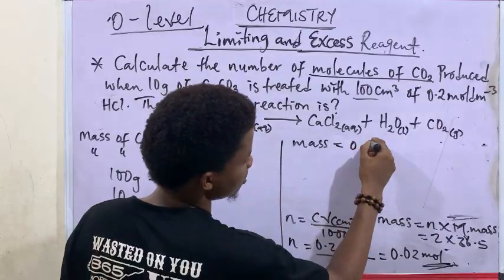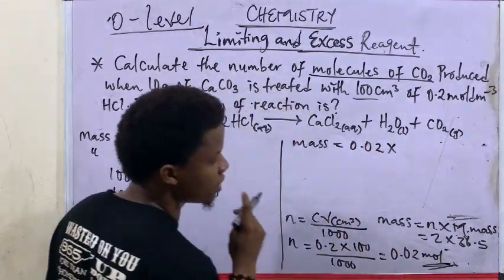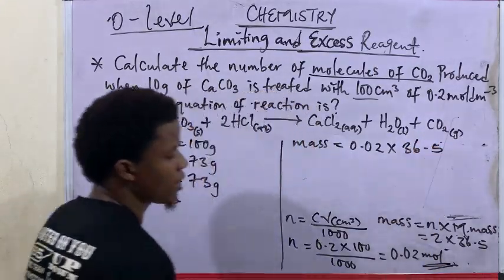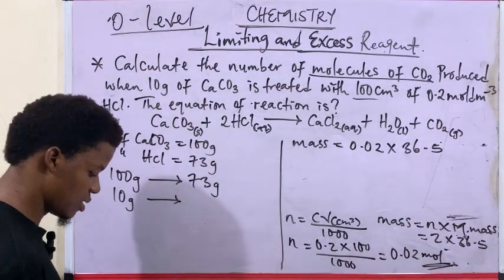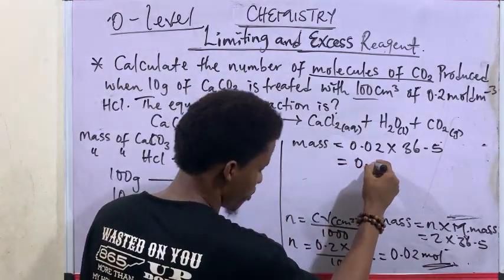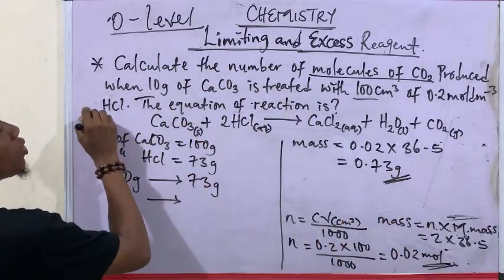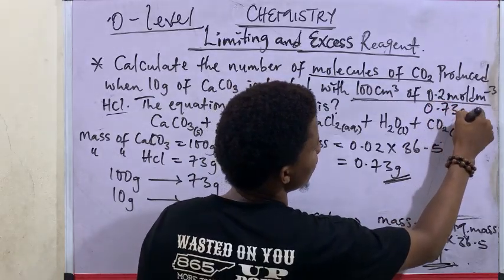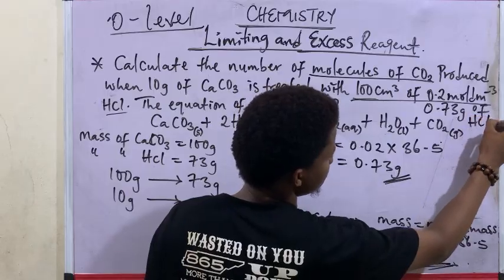So that's 0.02 times the molecular mass, don't forget, 36.5. When you do 0.02 times 36.5, you get 0.73 gram. So in the question, we were provided with 0.73 gram of HCl.